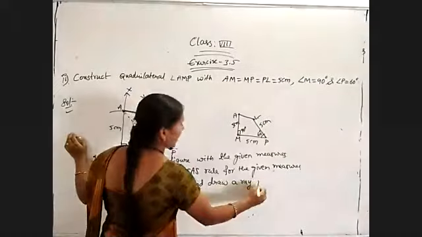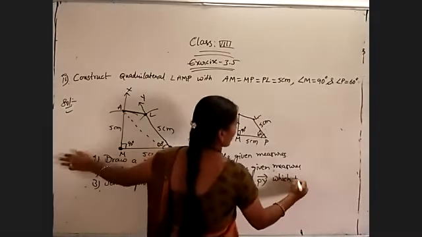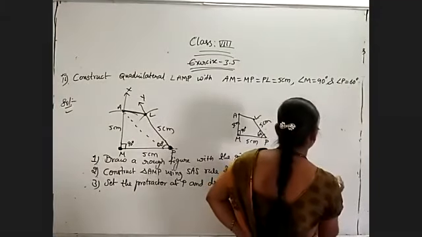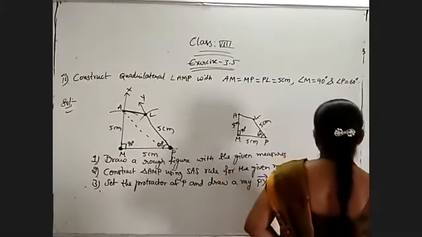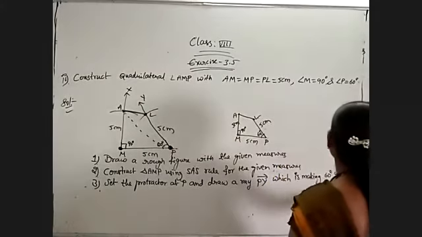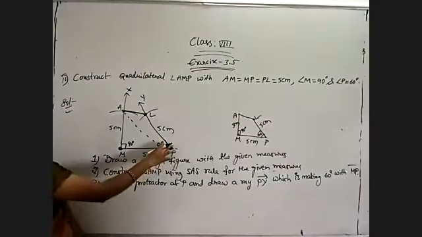Draw a ray PY which is making 60 degrees angle with line segment MP. That's all. Now we got angle 60 degrees also.